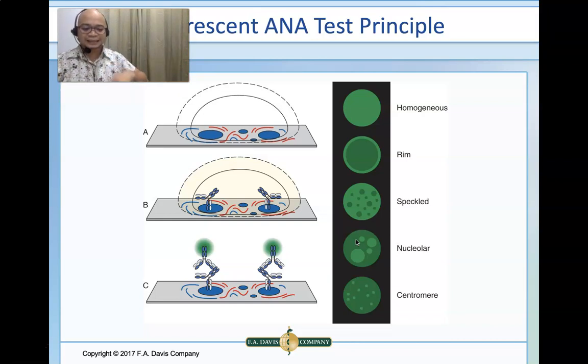And then anti-SCL70, the antigen here is quite unique. It's DNA topoisomerase 1. So it is an atypical speckled, and it is for systemic sclerosis and scleroderma. Anti-Jo1, the antigen here is histidyl tRNA synthetase.